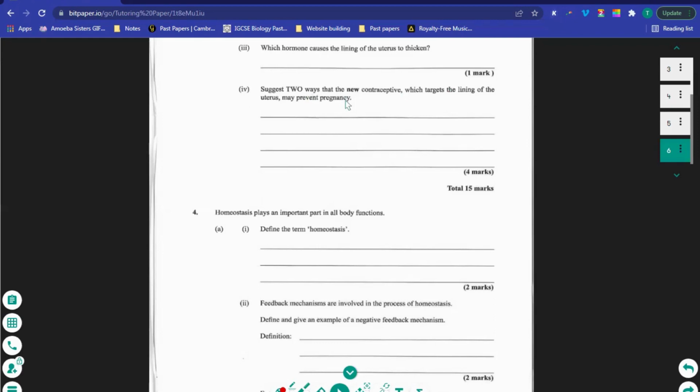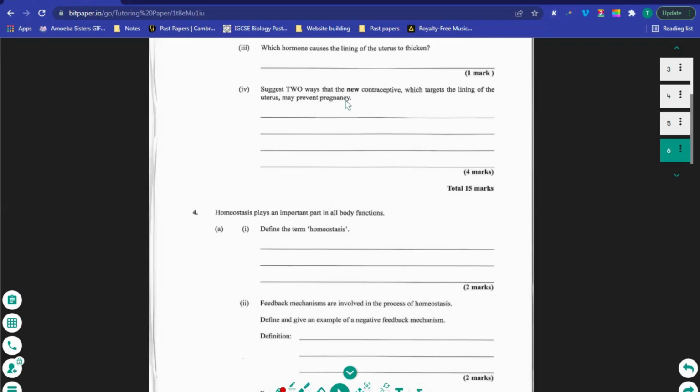So I think that A, it may prevent the estrogen production. If it prevents estrogen production, then there's no thickening of the uterus lining. If there's no thickening of the uterus lining, then there's going to be no release of the mature egg. Therefore, no pregnancy can occur.